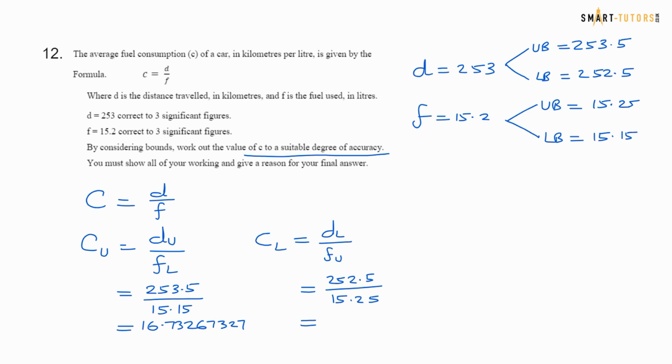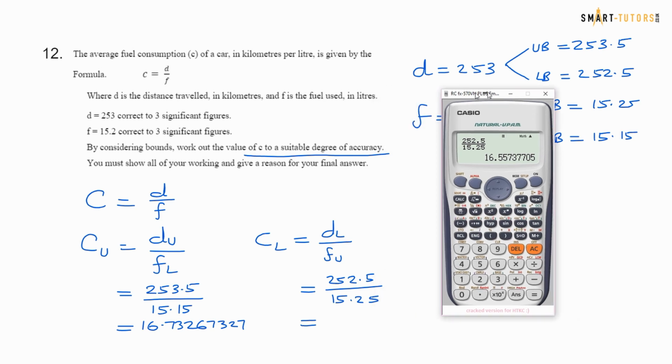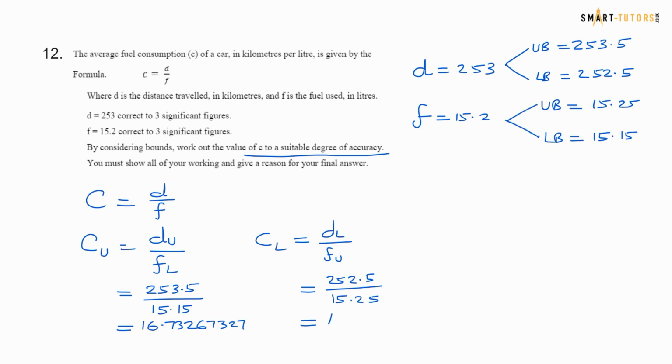Right, so let's do the calculator for the next number, which is fraction 252.5, and the bottom is 15.25, and the answer is 16.5573, something like a 77.